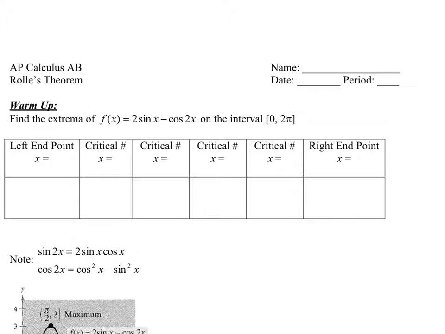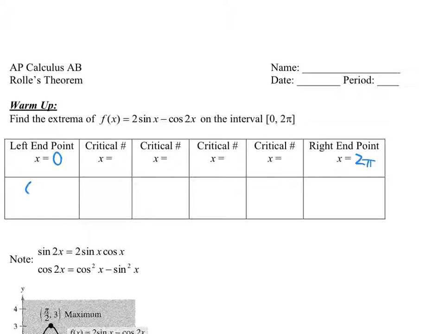So the first thing that we can do is get our two endpoints. That's pretty easy. So we plug in x equals 0, plug in x equals 2 pi. What's sine of 0? 0. Cosine of 0 is 1. So we have 0 minus 1.